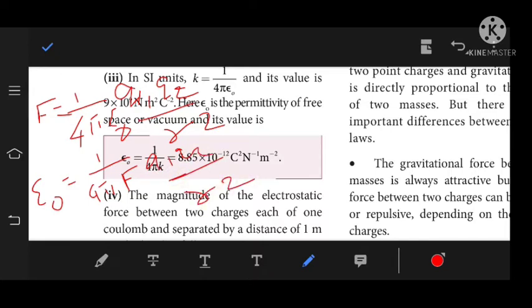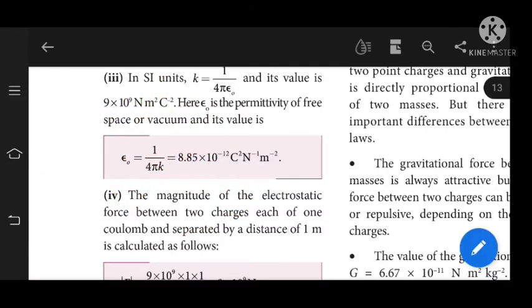For q1 q2 the unit is Coulomb squared. F is in the denominator, so Newton power minus 1, and the unit of r is meter, also in the denominator, so meter squared with a minus sign. In this way the expression will appear: Coulomb square Newton minus 1 meter minus 2.